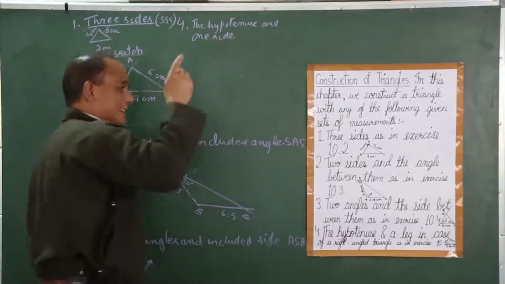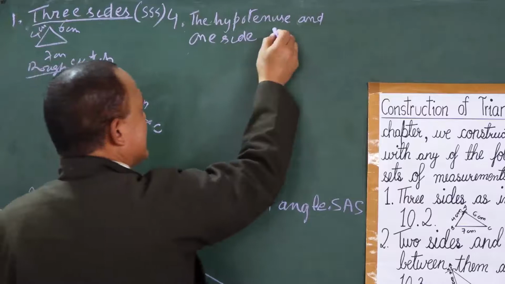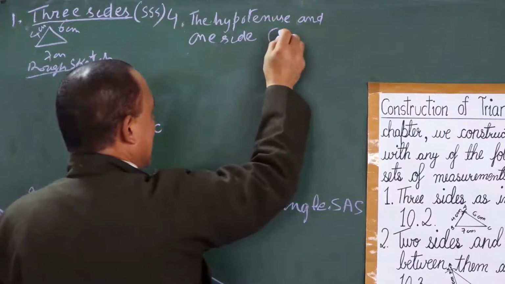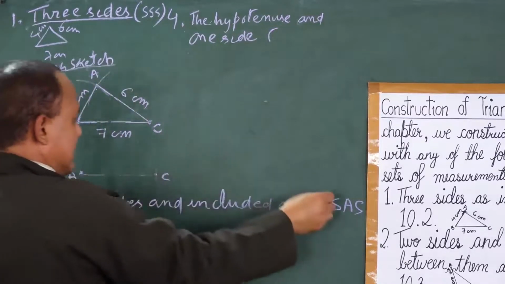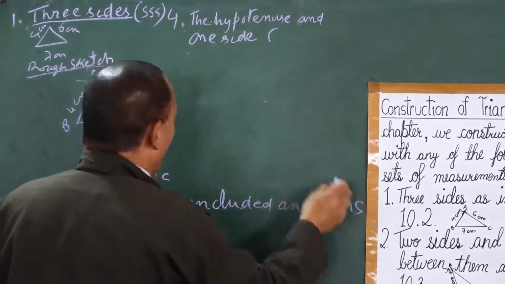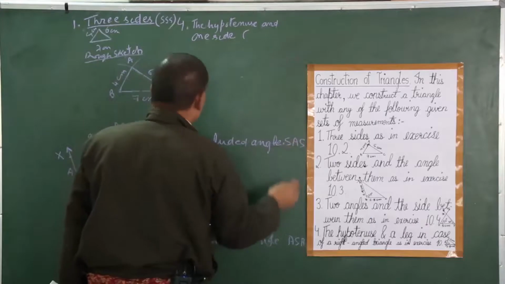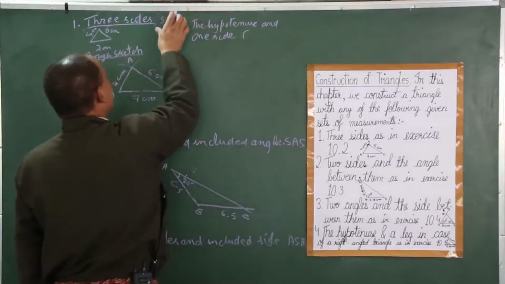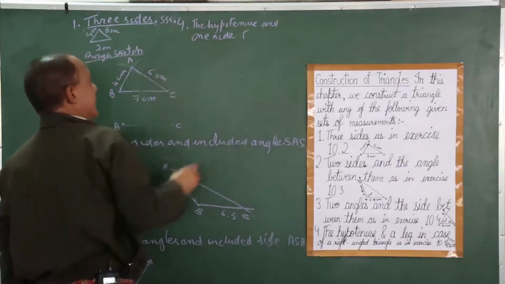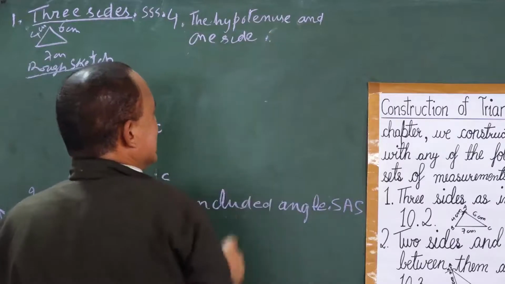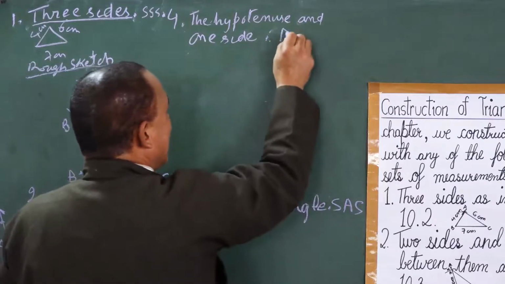There are two other sides. So hypotenuse and one side. If you don't want to use brackets, you can start that way. So we can also say this as RHS.